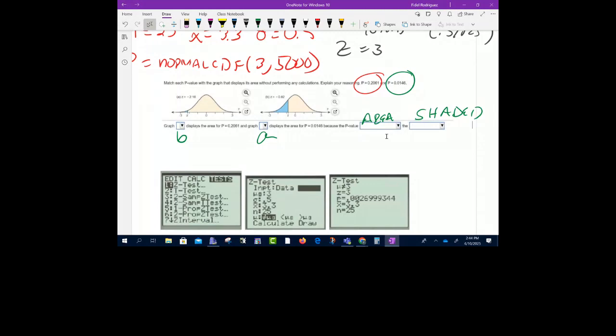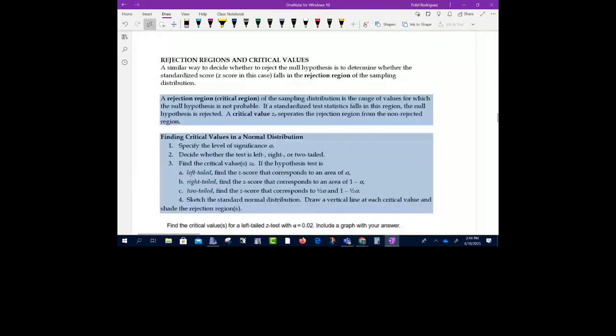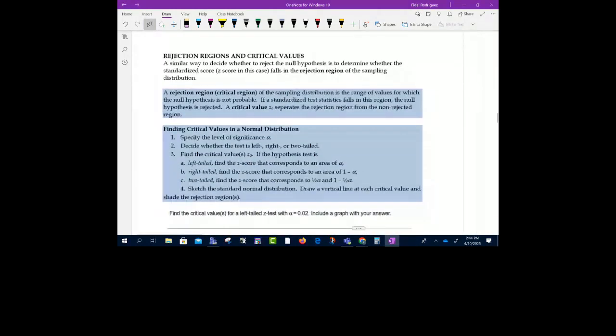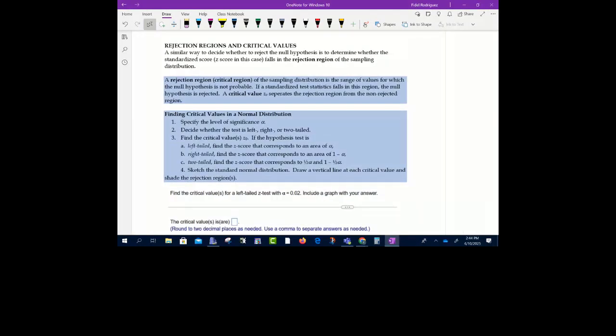All righty, y'all, let me keep scrolling down here a little bit. We're going to talk about something we call rejection regions and critical values.